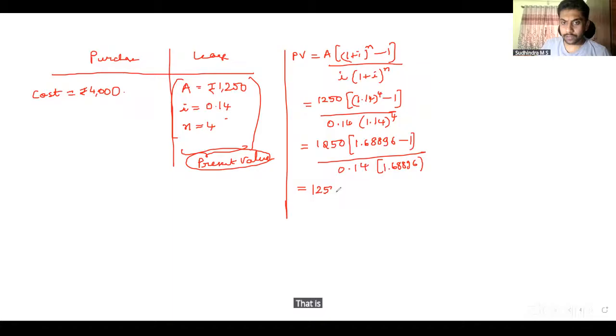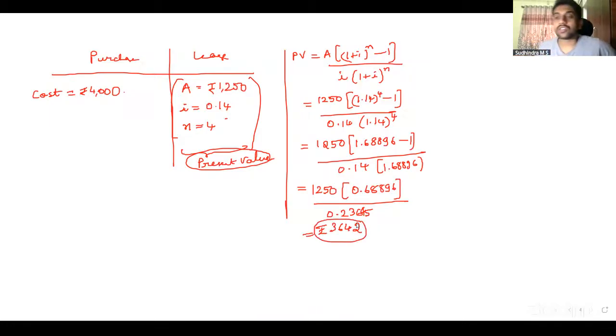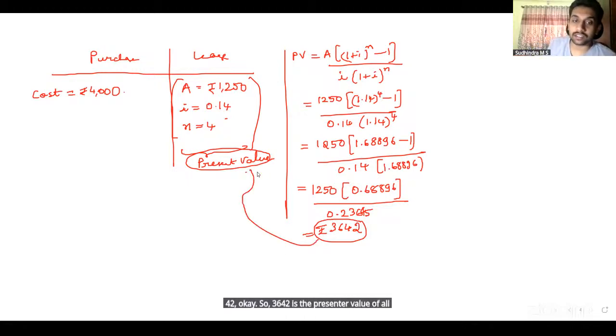That is 1250 into 0.68896 divided by 0.14 into 1.68896, which is 0.23645. So 1250 into 0.68896 divided by 0.23645 should give us 3,642. So 3642 is the present value of all these lease rentals.